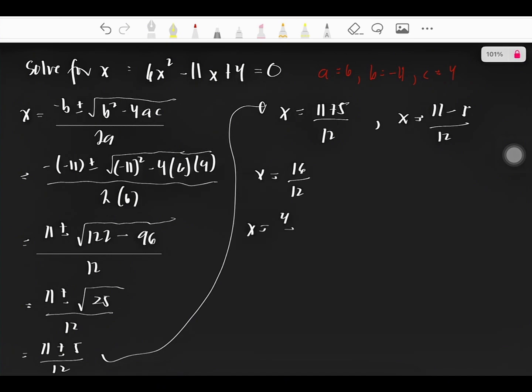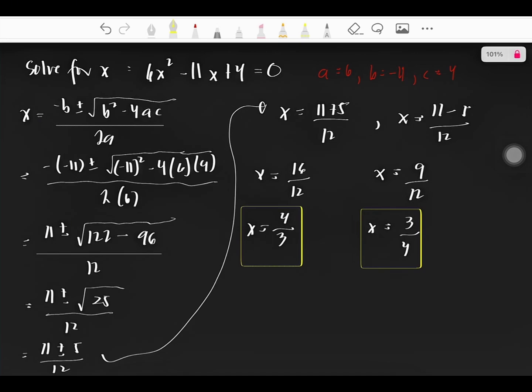We have x is equal to 16 over 12, which is 4 over 3. And for our second, x is equal to 11 minus 5 all over 12, which is 6 over 12, or 1 over 2. So that's it for our answer, where we have 2 x values for this equation.